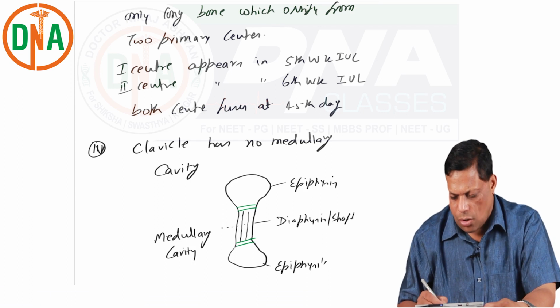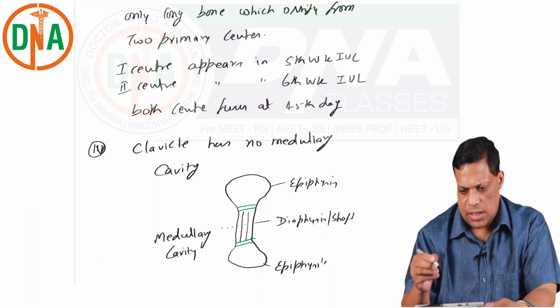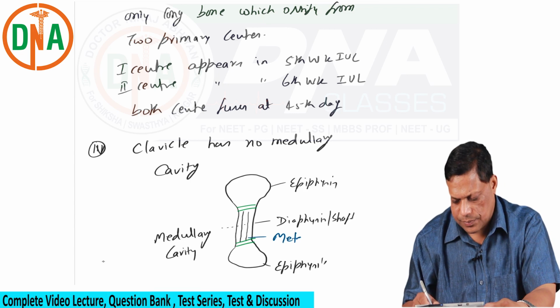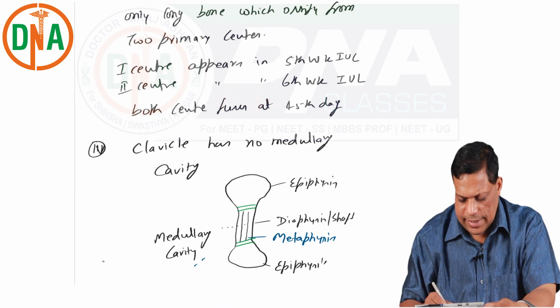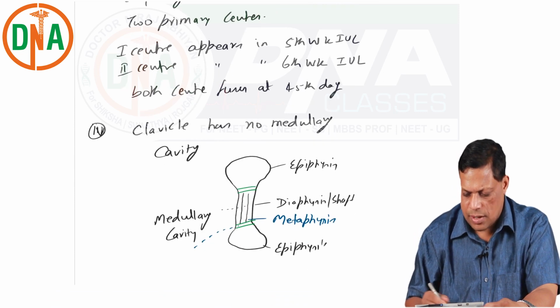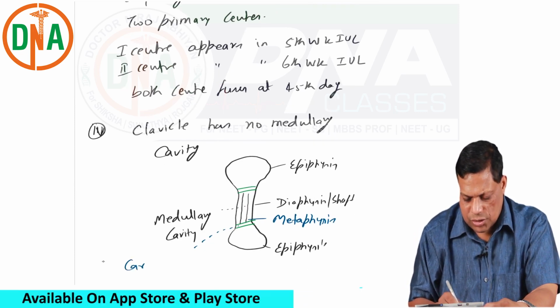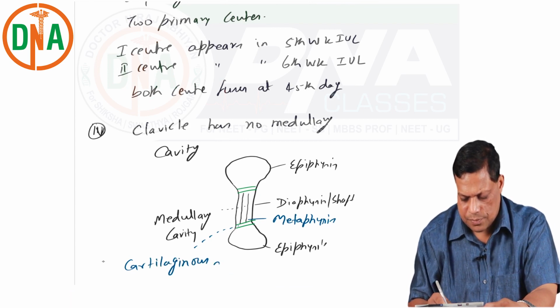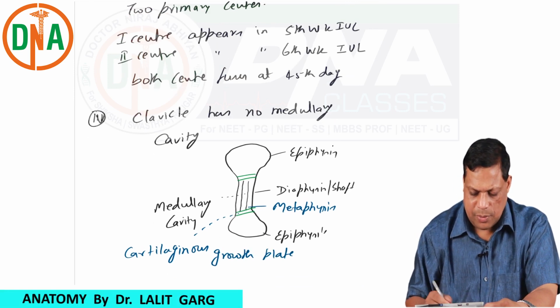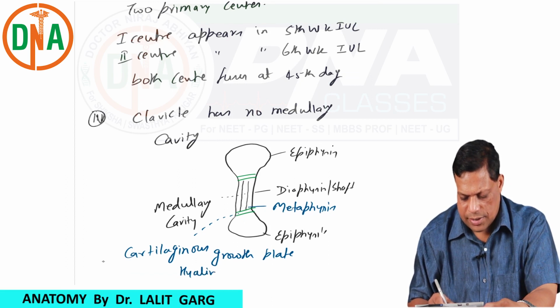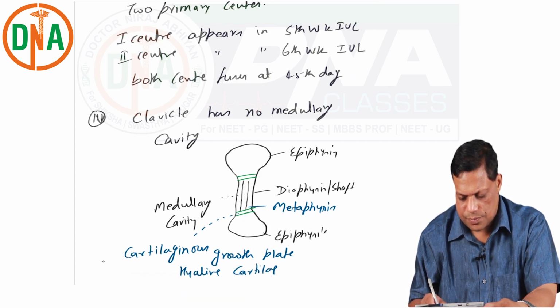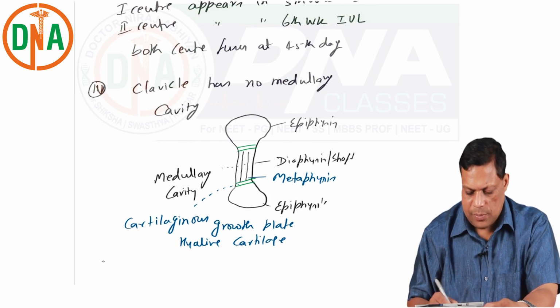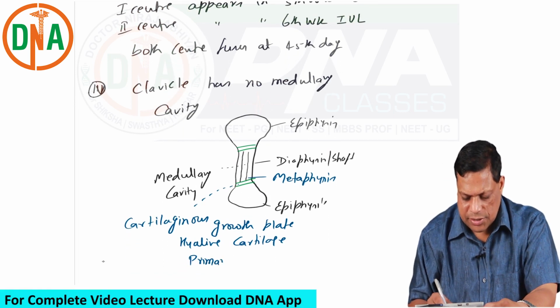And the end of the diaphysis is known as the metaphysis. This is the metaphysis. And this is the joint, which is known as the cartilaginous growth plate. This is made up of hyaline cartilage. And what type of joint is this? This is a primary cartilaginous joint.